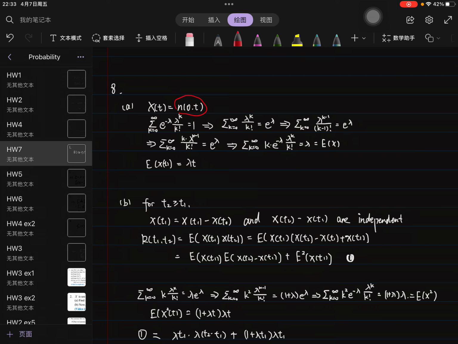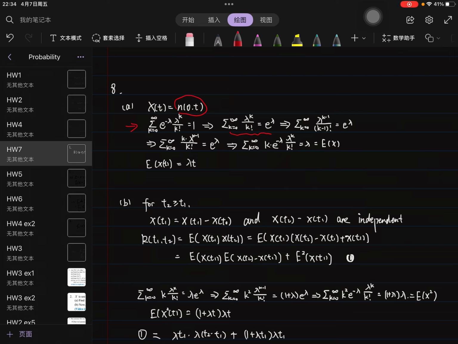From the Poisson distribution, we know that the sum of the probabilities equals 1. So we multiply both sides of this equation by e to the power of lambda. We could get this step, and then we take the derivative with respect to lambda.